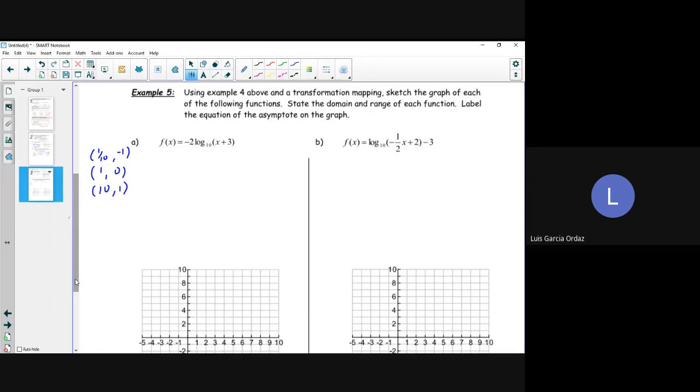The first one we have is f of x equals negative 2 log base 10 of x minus 3. So what would our mapping notation equation look like?